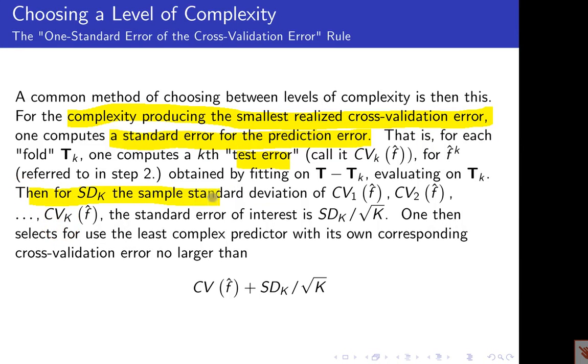Okay, so that's a sample standard deviation of these test errors. And then the standard error that I'm talking about would be that standard deviation divided by the square root of k.